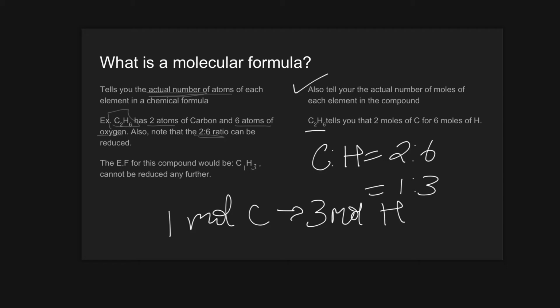So this is all the information that we get from a molecular formula. It is important that you note this down, because down the line when we do stoichiometry and find moles of individual elements, this technique is going to be very handy.